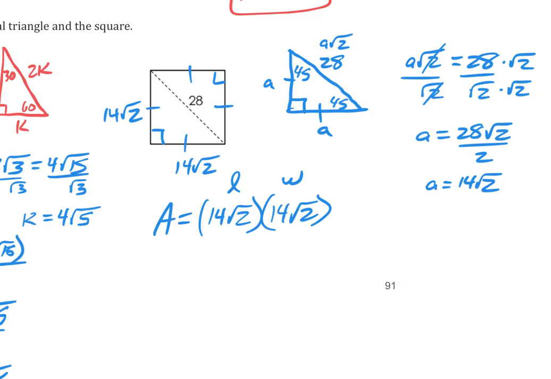If we multiply these two together, I can multiply the two 14s together. 14 times 14 makes 196. Radical 2 times radical 2 is really radical 4, but the square root of 4 is really 2. So this is really 196 times 2, which is 392.